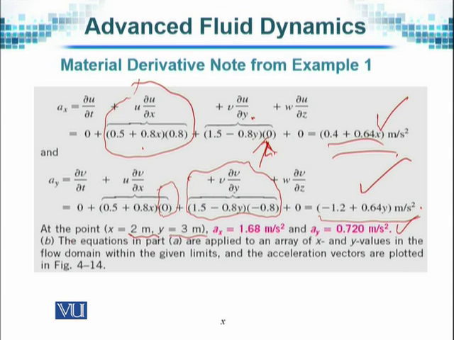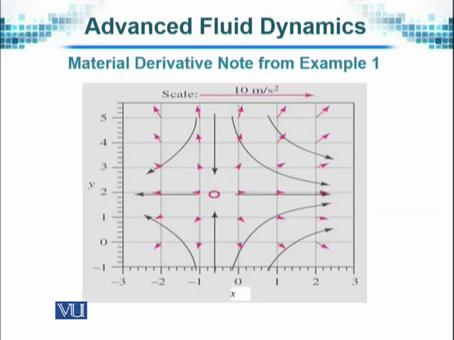And then we try to draw a flow field. The values you have seen here in pink are for a specific point where x is equal to 2 meters and y is equal to 3 meters. As we vary these numbers and take the whole flow field in the x, y plane, the acceleration field will look like this.